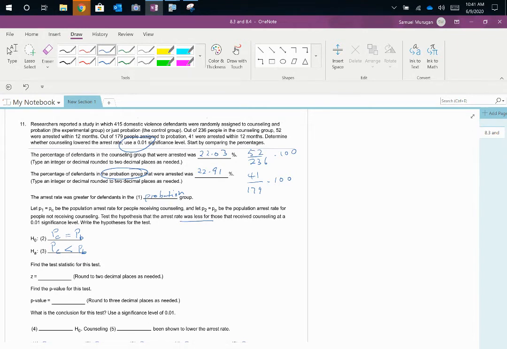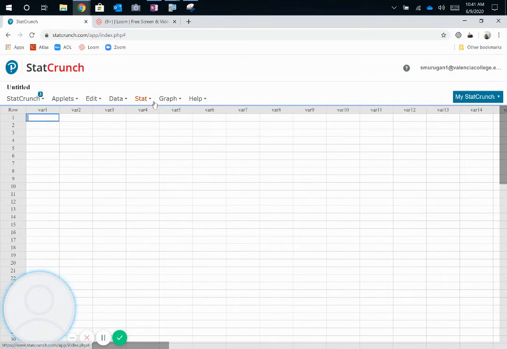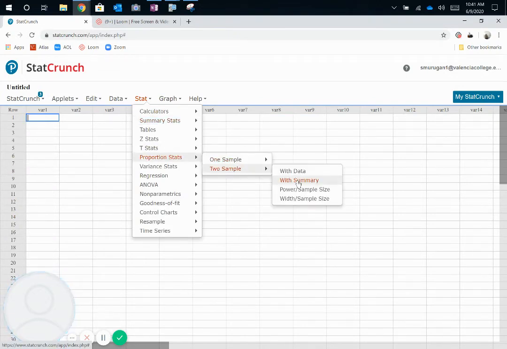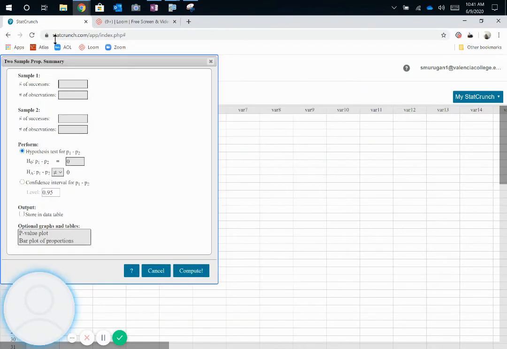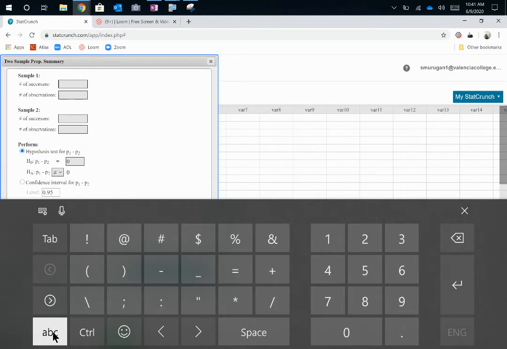We head straight to the StatCrunch program and put these numbers in to get a Z statistic. Let's go to StatCrunch. So I'm going to just do this one from scratch. Stat, proportion stat, two sample with summary. Type in my numbers here. So the first one is 52 out of 236, and the second one is 41 out of 179.